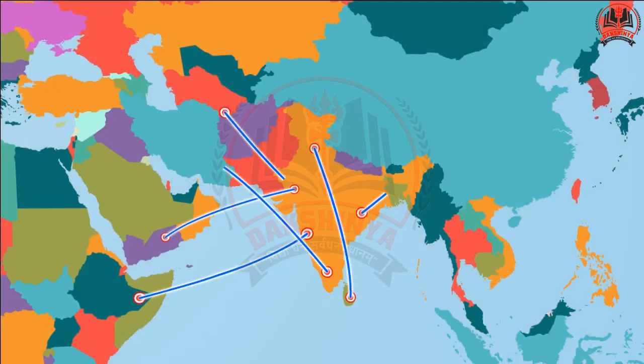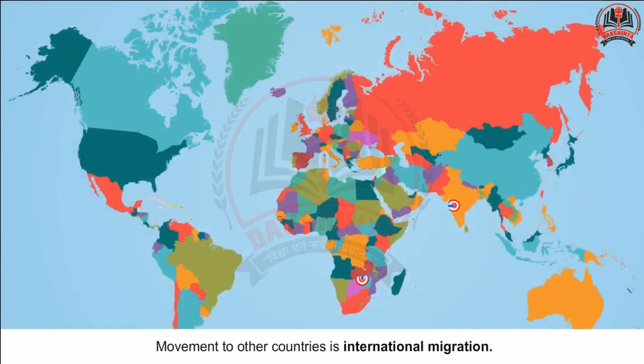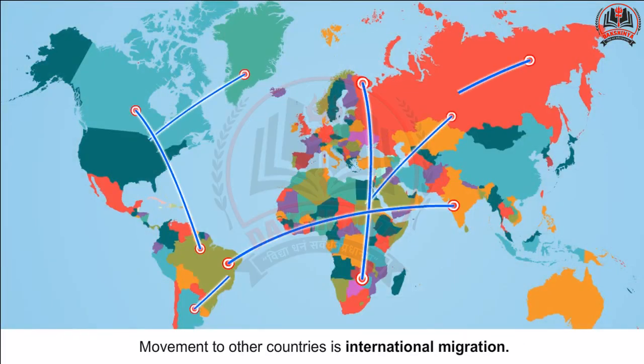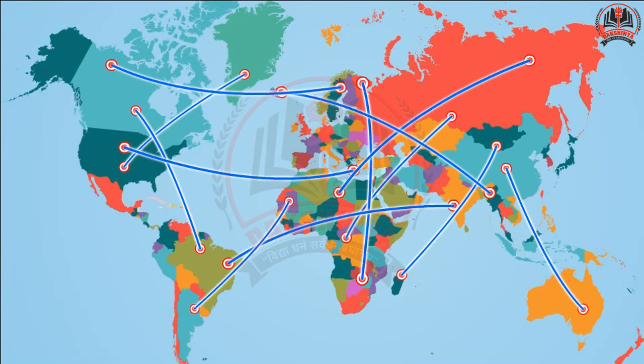Migration is movement of people from one place to another in search of livelihood. Movement within the country is called internal migration. Movement to other countries is international migration. Internal migration does not change the size of population but impacts the distribution of population within the country.